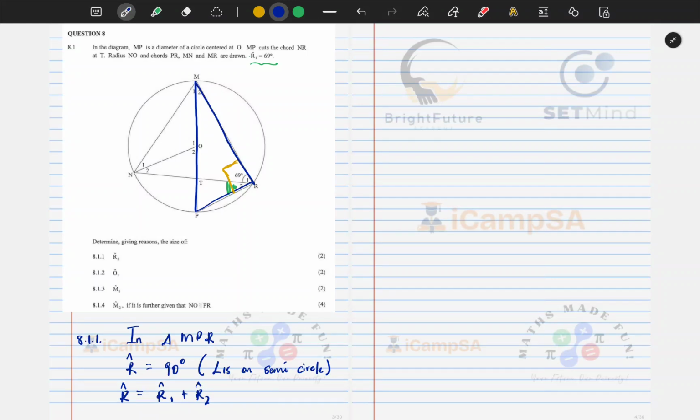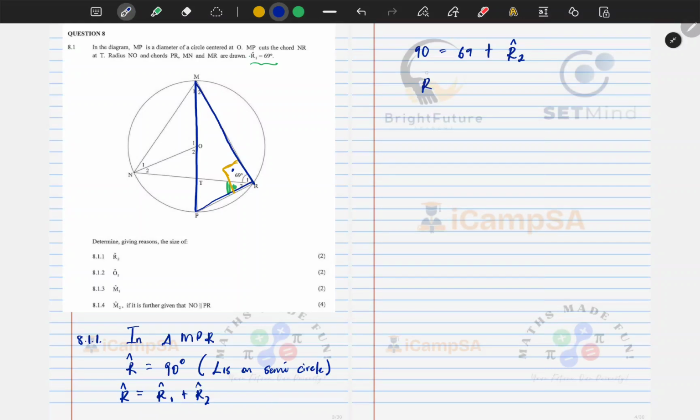So now if we know that angle R is 90 degrees, we just substitute: 90 is equal to R1 plus R2, and R1 is 69. Remember we want angle R2.